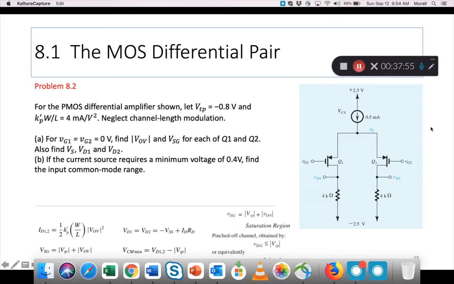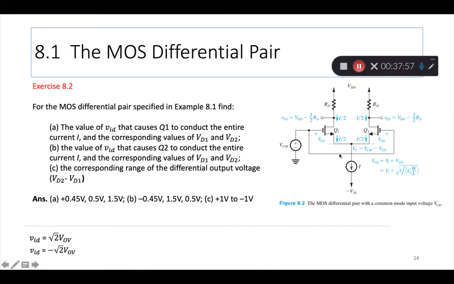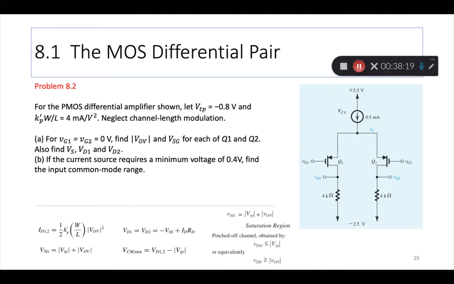Compared to, let's say, an NMOS, here you'll see NMOS, the sources are connected to the current source, the biasing source. The source of the two Qs are connected to the biasing source, current source I, and the drain resistors are connected to the plus VDD. For a PMOS, it's opposite.